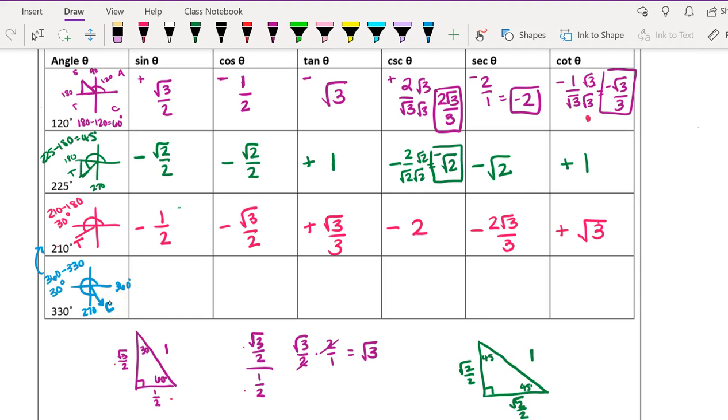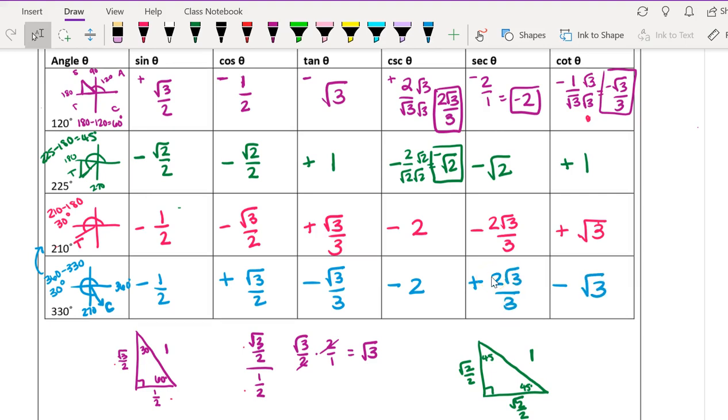This is C, cosine is positive, and so is its reciprocal. So this one is positive, and secant is positive, and everything else is negative. And then because it's the same reference angle, all I'm going to do is copy the exact answers from directly above it. Okay, and there are the exact values for the given angles.